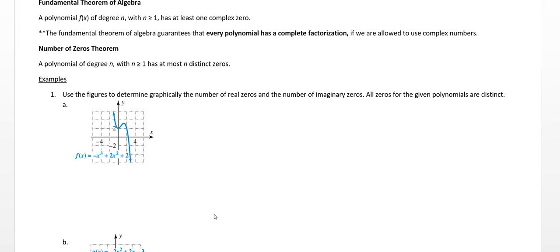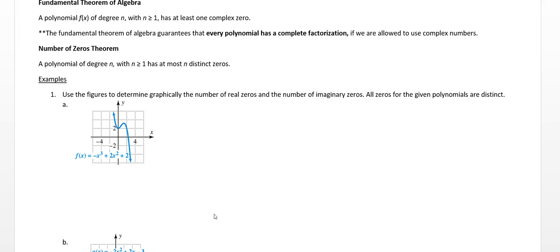But looking at the graph, you can see that there is only one x-intercept, or only one real zero, which leaves the other two to be imaginary.